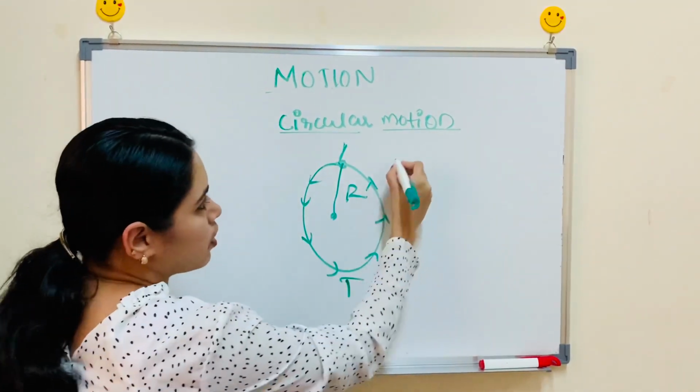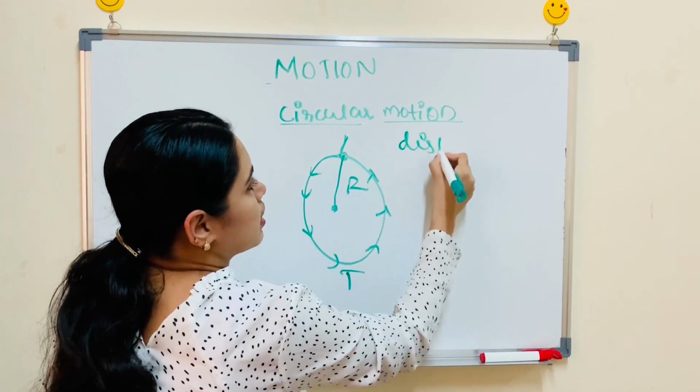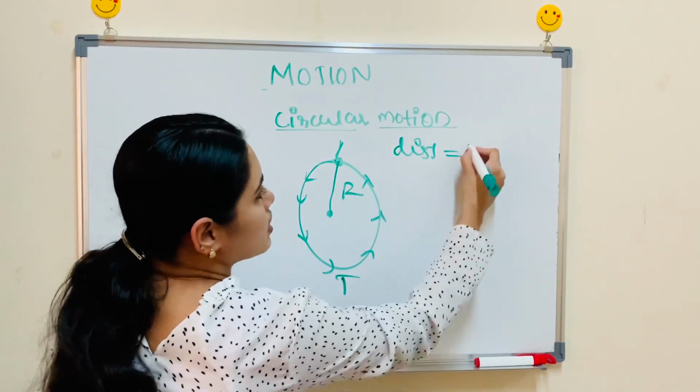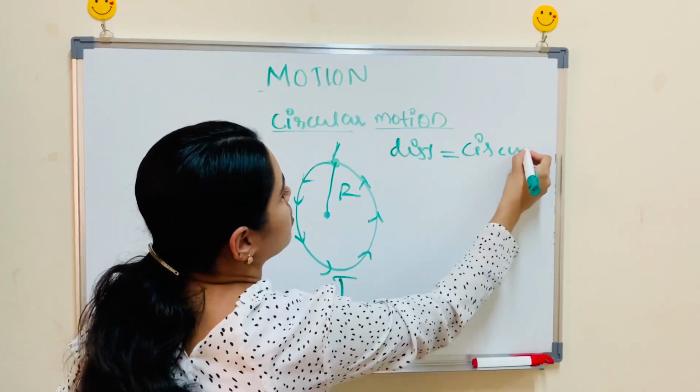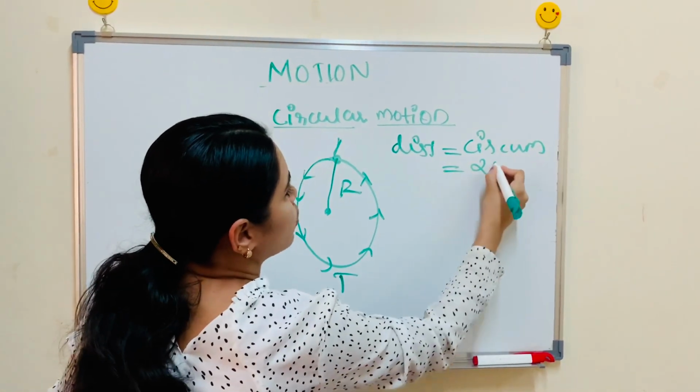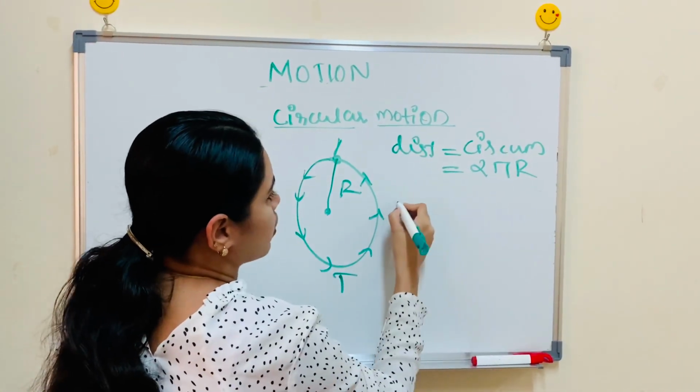It is the circumference of the circle, that is equal to 2 pi r.